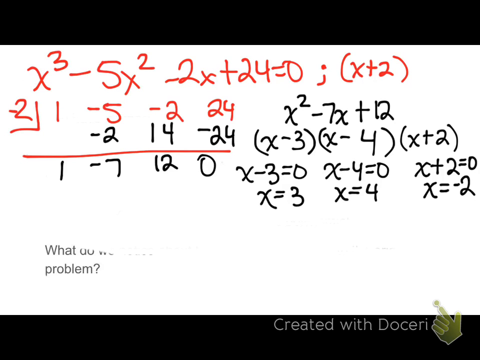Okay, if we were to bring back that question at the bottom, let's see if I can find it. What do we notice about the solutions compared to the original problem? Now, what's the opposite? Okay, so the numbers that we get for x are always the opposite of what they appear to be in the factors. That's true. But what about compared to this polynomial that we have?